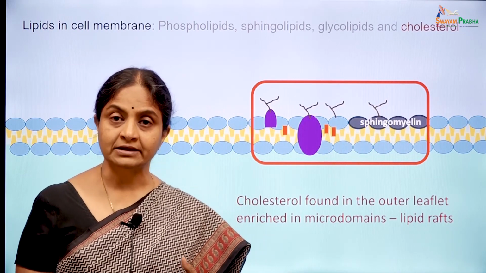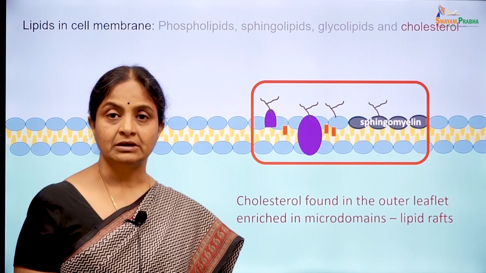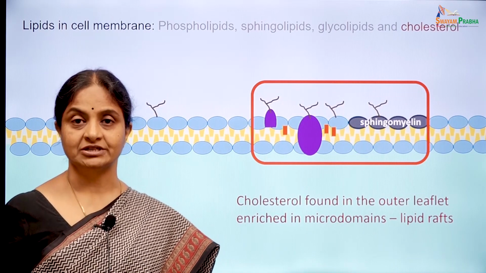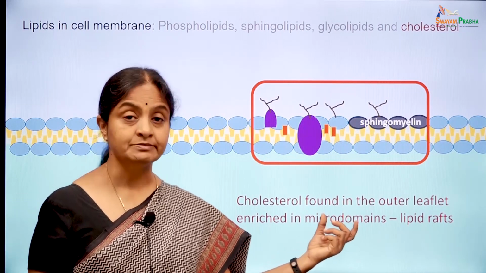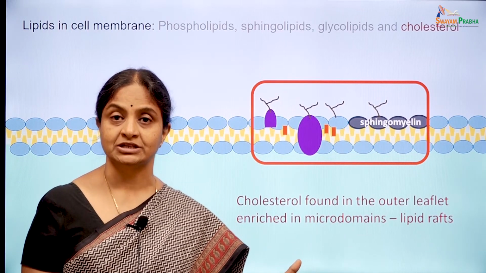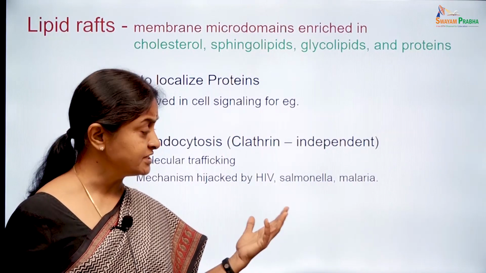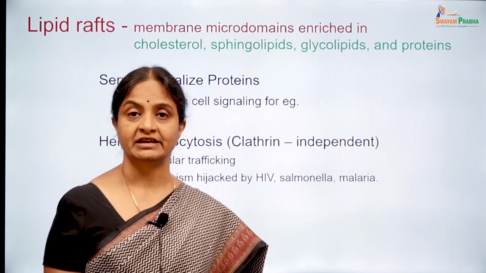Now, this clathrin-independent endocytosis has become a serious topic for research now, because this mechanism seems to be the one by which certain pathogens gain entry into the cell, like HIV, Salmonella, or malarial pathogen.